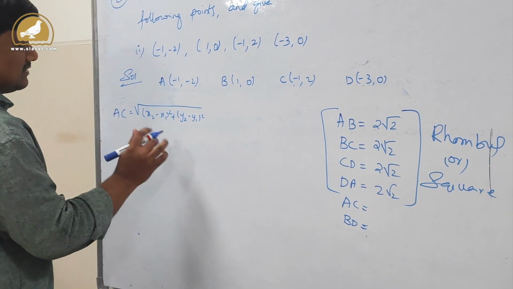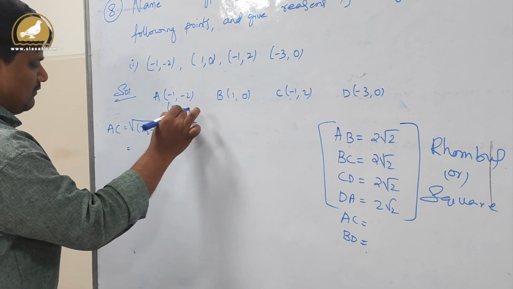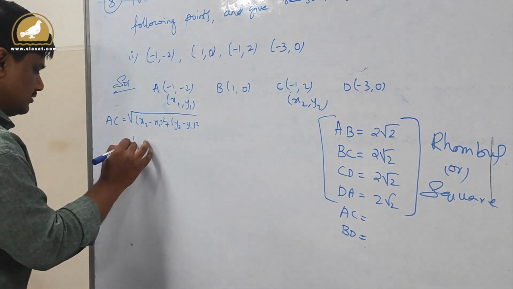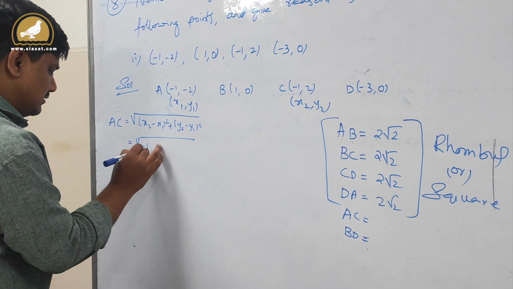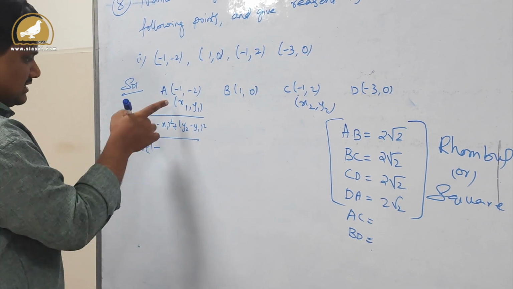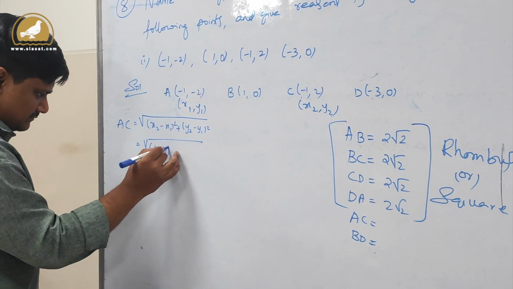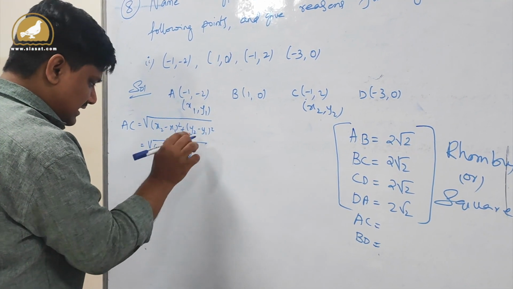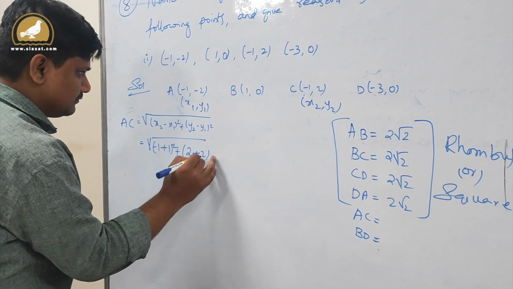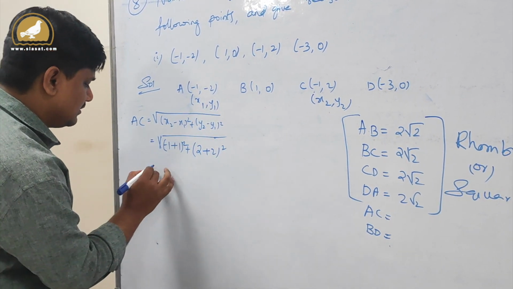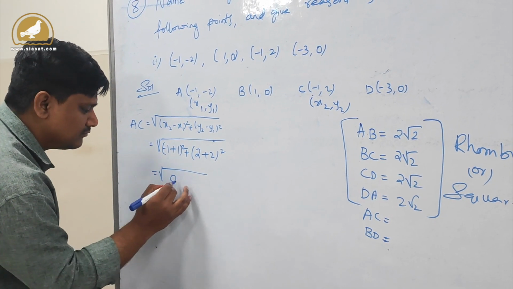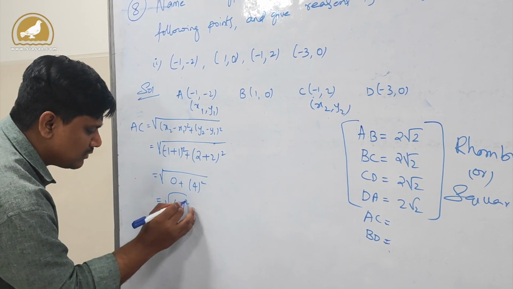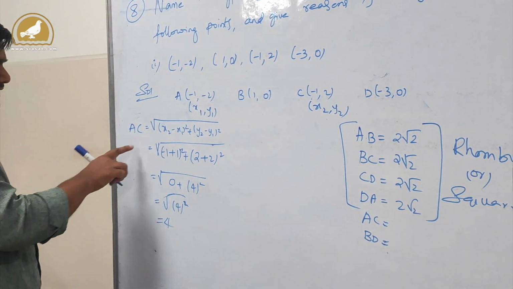The value of AC: A is x1, y1 and C is x2, y2. So x2 is -1, x1 is -1, but the formula is minus into minus plus 1. y2 is 2, minus -2, that is plus 2. This is 0 plus 4 square. This can be written as 4 square. Square root cancels. So the value of AC is 4.